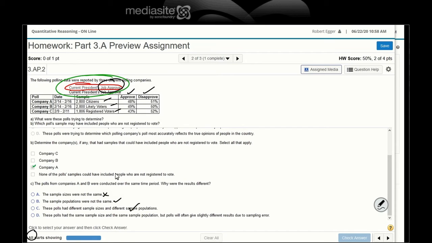Well, this is like B, but sizes were the same. Polls the same sample size, same population. Okay. It has to be B because one is likely voters and one is registered voters.